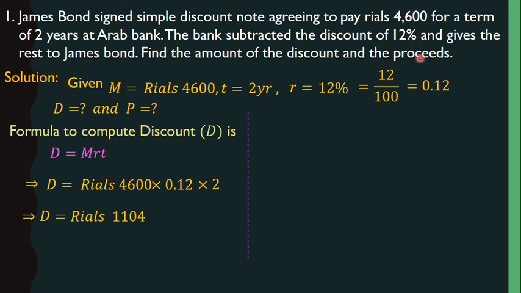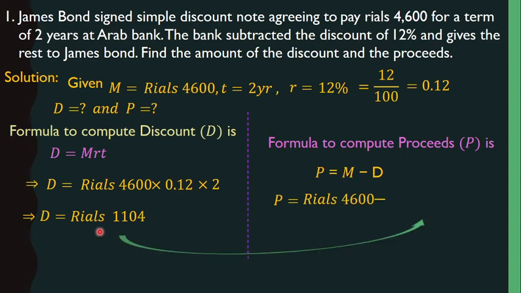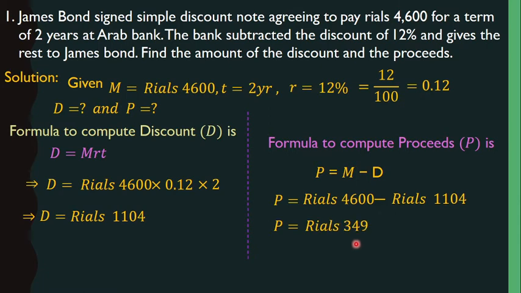And let's find proceeds now. Formula to compute proceeds, P is equal to M minus D, which implies M is 4,600 riyals minus D. It is given here, we got it, 1,104 riyals. Subtracting this, we will get P is equal to 3,496 riyals.